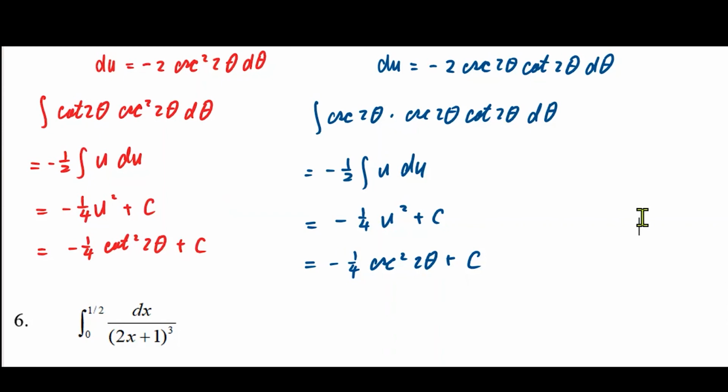What's the difference between cosecant squared and cotangent squared? That difference is literally 1. What? Do you remember this? Cosecant squared theta is equal to 1 plus cotangent squared theta. Remember that? Well, having said that, then we could have easily done it this way then.